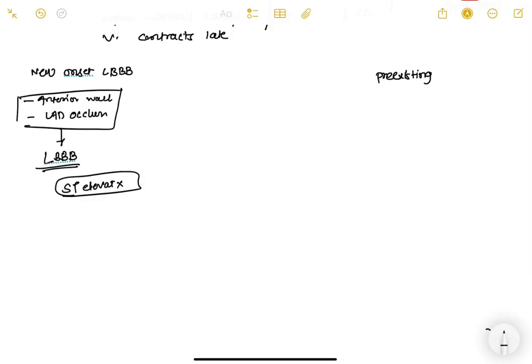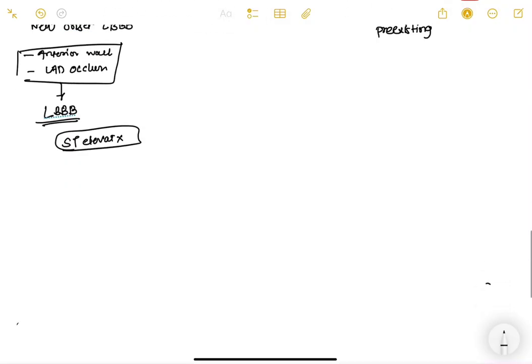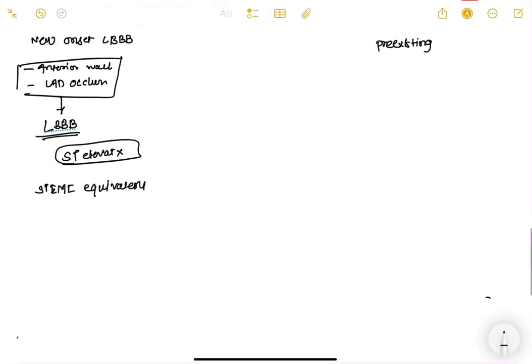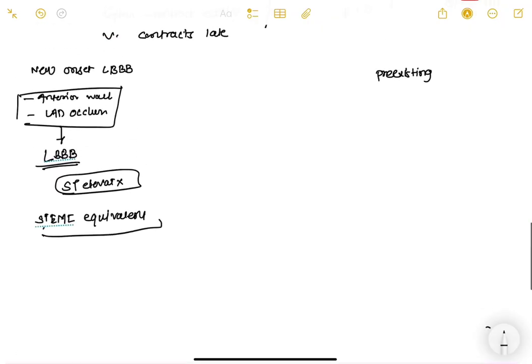But since it's an anterior wall MI, it is considered a STEMI equivalent. So new onset LBBB is always a STEMI equivalent, and there are a few LBBB that are pre-existing.